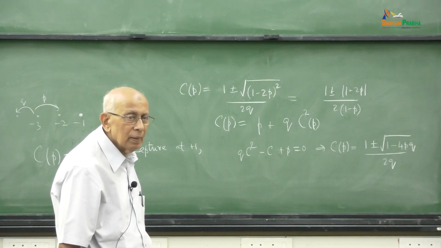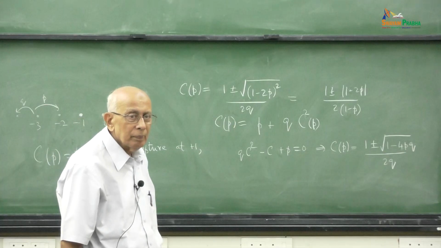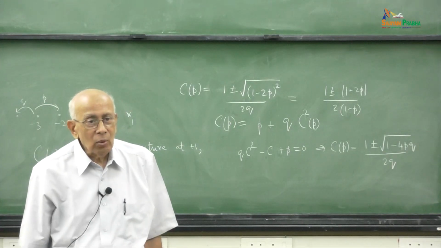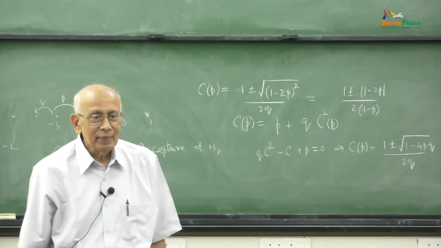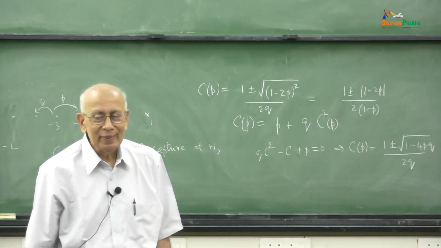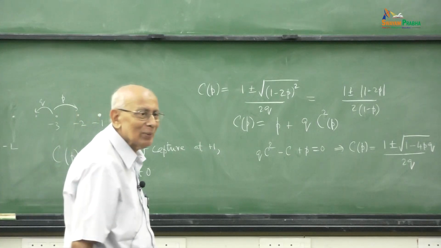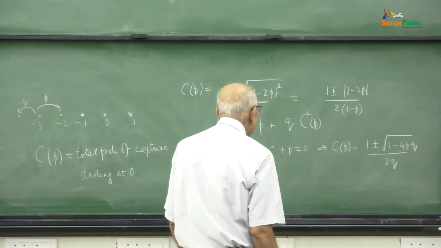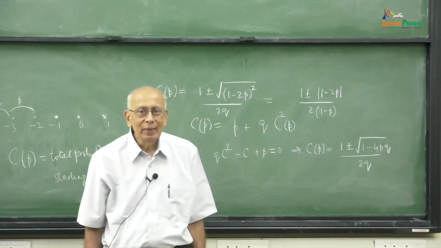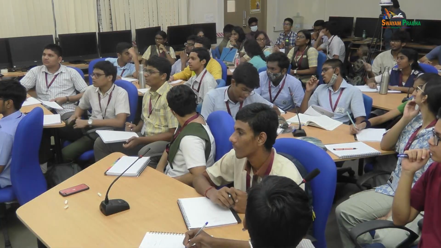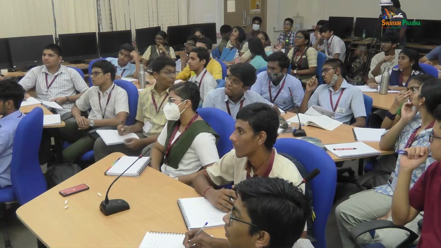So we'll get 2P minus 1 instead of 1 minus 2P, the whole squared is the same as 2P minus 1 the whole squared. Do you object to that? Okay. I like to write it as 1 minus 2P. How can we write 1 minus 4PQ as 1 minus 2P the whole square? Come on, come on.